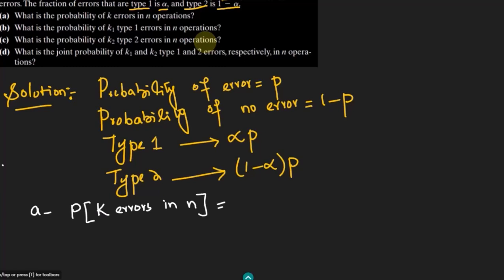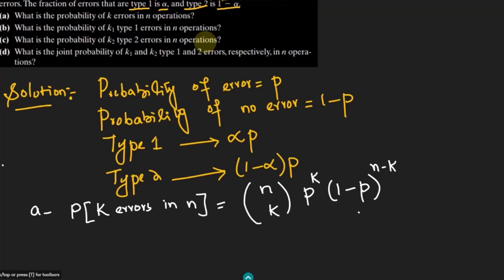This is clearly a problem of the binomial probability law, and the formula of it would be n choose k, times p to the power k, where p is the probability of error, and similarly 1 minus p, the probability of no error, to the power n minus k, because of the binomial probability law.